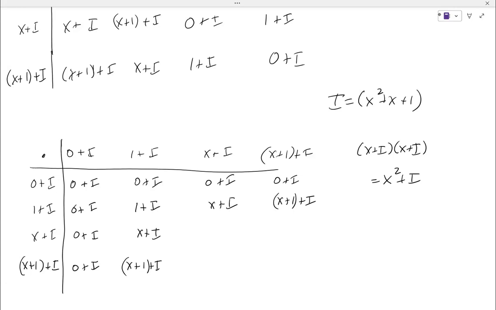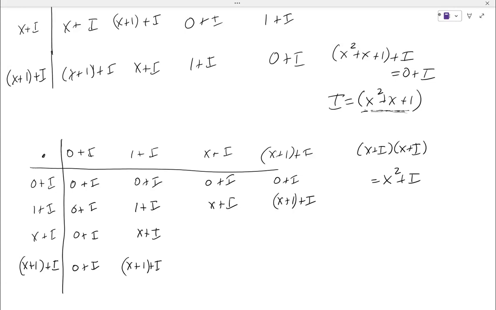Again, remember I told you that when you mod out by an ideal and create this quotient ring, we really are treating this thing like it's equal to 0. What I mean by that is, if I take the coset generated by x squared plus x plus 1, I get the same thing as the coset generated by 0, because x squared plus x plus 1 is in the ideal, and so is 0.